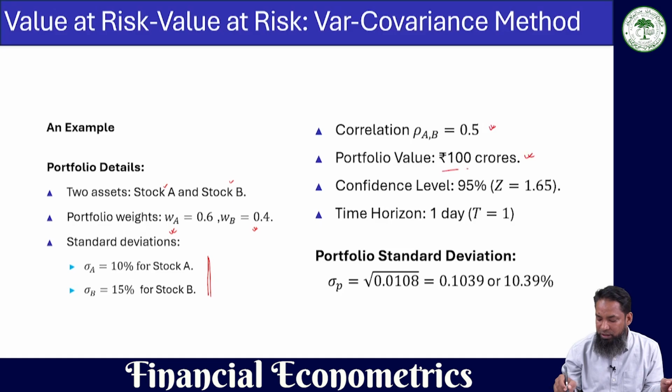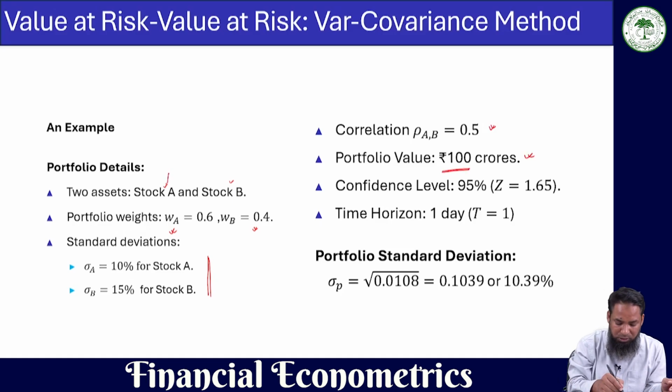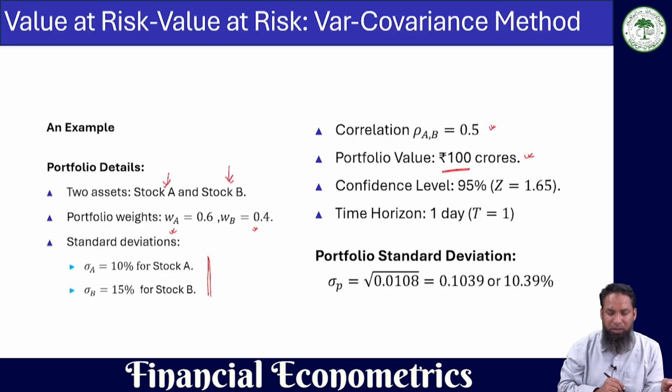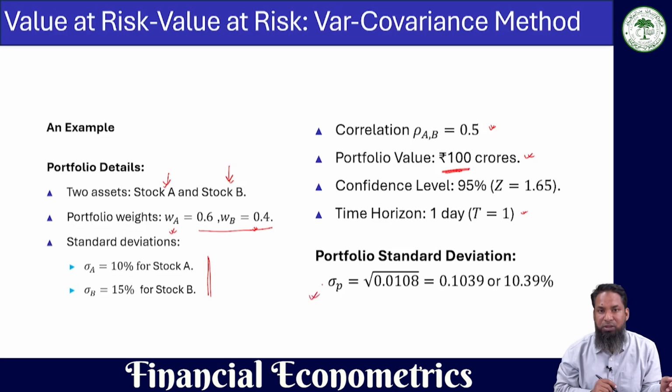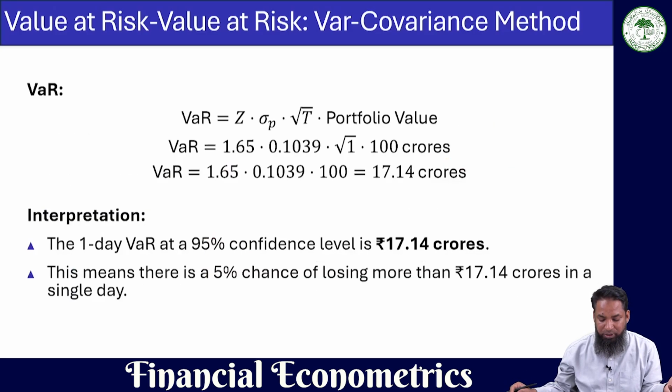So 100 crore has been invested into the two stocks, stock A and stock B, distributed according to this weight. And these are the information we have about stock A and stock B, and time horizon 2. Then, using the variance covariance matrix, we can calculate the portfolio standard deviation. Once we are able to calculate this, it is easy to calculate the value at risk.